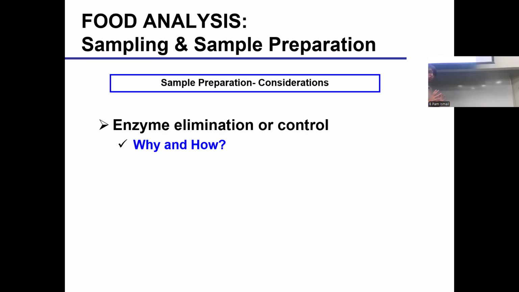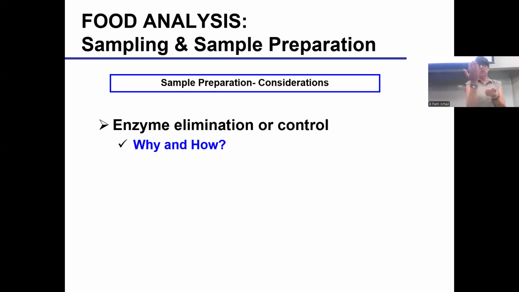So if we're not able to heat, when we prepare the sample and we want to store it, what do we want to avoid? What do enzymes like? What do they like to work? The right temperature, right? The right pH, the right moisture content. So you want to store your sample mostly in cool conditions, well packed, so you eliminate the air when possible.